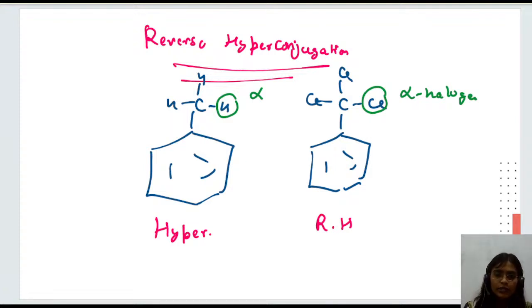Let's try to understand what is going to happen in this case. In normal hyperconjugation, this hydrogen breaks a bond and becomes H positive, the carbon gets a negative charge, and this negative charge is transferred to the benzene.